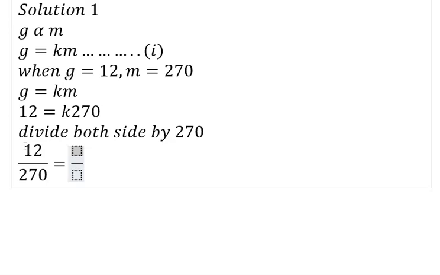Here we have k times 270, or 270k, it is still the same thing. Awesome. So with this, 270 can cancel 270. So now we are left with the value of our k.